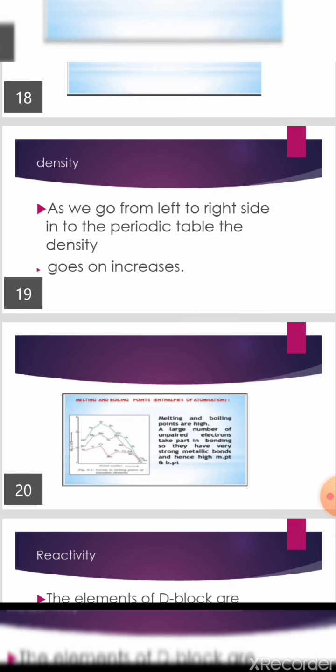As the atomic number increases across the series, atomic weight goes on increasing, and atomic volume goes on decreasing. Finally, density goes on increasing. Hence, as the atomic number increases, the density of the atom also increases.